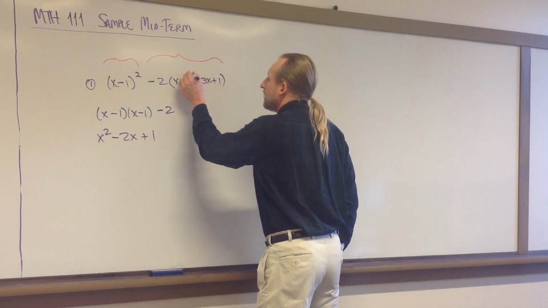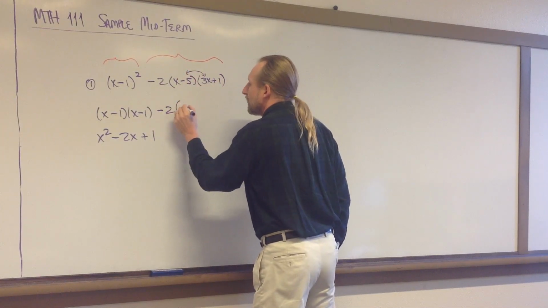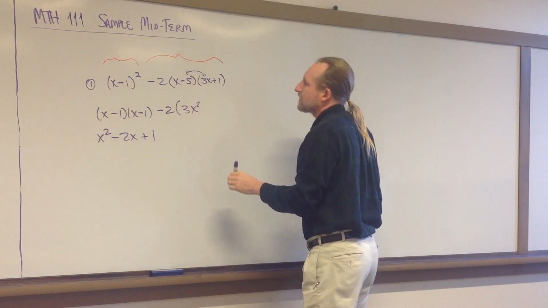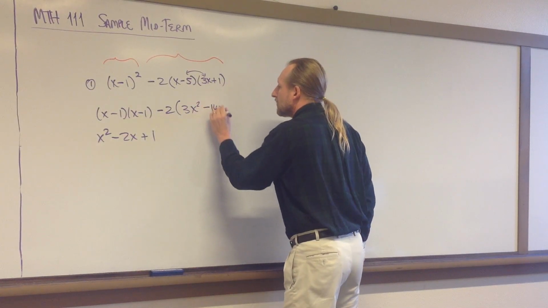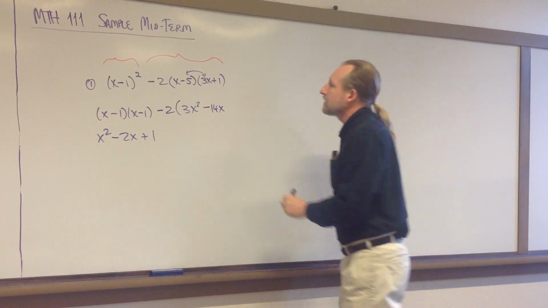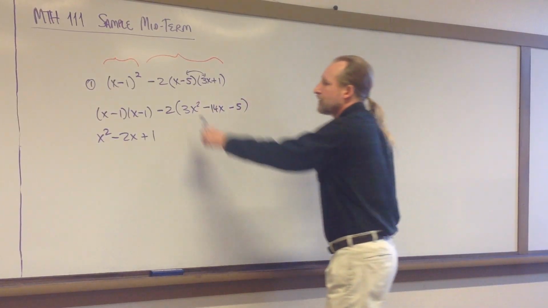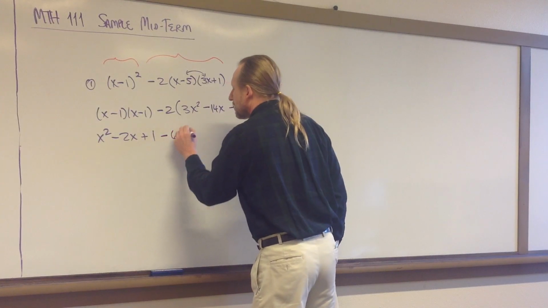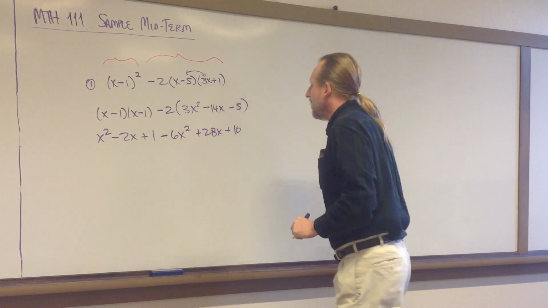Then I'll multiply these two sets of parentheses together, so we get 3x squared minus 15x plus 1x, so that's going to be minus 14x, and then minus 5 on the end. And now we'll distribute the 2, so minus 6x squared plus 28x plus 10.